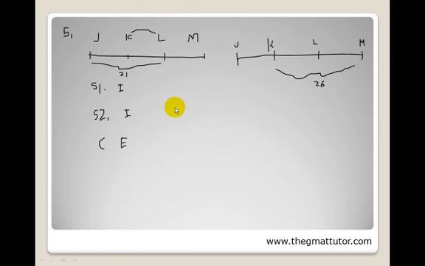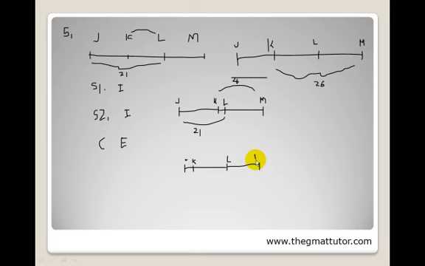In this case, although it's a little hard to see, statements 1 and 2 together are going to be insufficient because you don't know where K is located within the distance between J and L. It's somewhere in there, but basically K could be located very close to L, and of course this distance would have to be 26, and this distance would be 21, or K could be located very close to J and very far from L, as long as you satisfy the conditions given in the two statements.